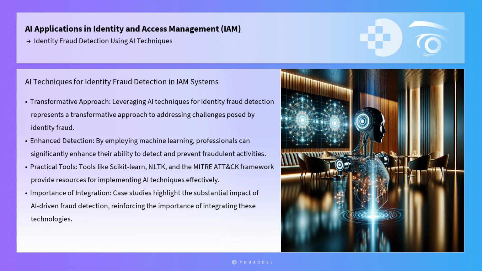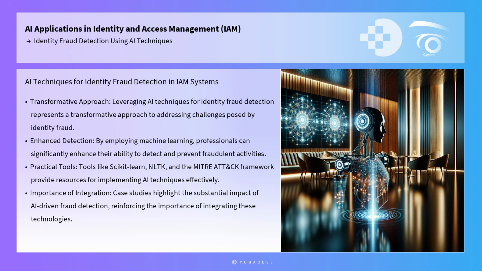In conclusion, leveraging AI techniques for identity fraud detection within IAM systems represents a transformative approach to addressing the challenges posed by identity fraud. By employing machine learning, natural language processing, and anomaly detection models, cybersecurity professionals can significantly enhance their ability to detect and prevent fraudulent activities. Practical tools and frameworks, such as scikit-learn, NLTK, and the MITRE ATT&CK framework, provide the necessary resources for implementing these techniques effectively.